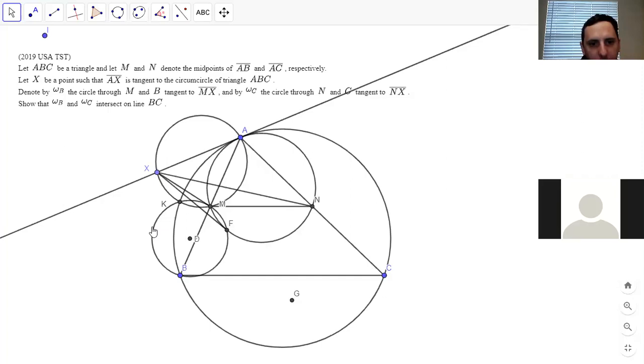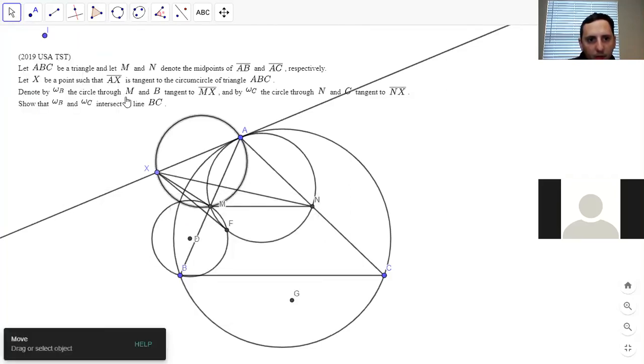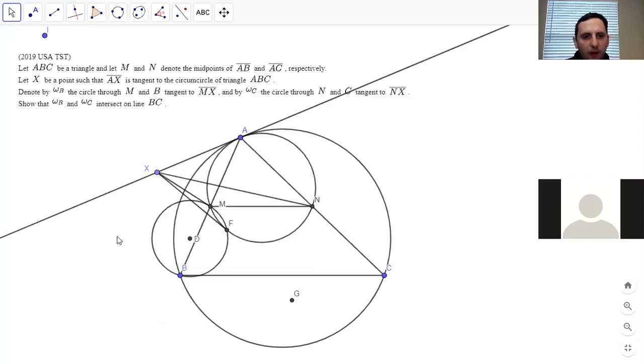Okay. You delete K. Do you want to delete the circle right here? Yeah, you can. We won't use it. So we have tangents to two different circles. This is kind of interesting. Can you let BF intersect the circle of AMN?